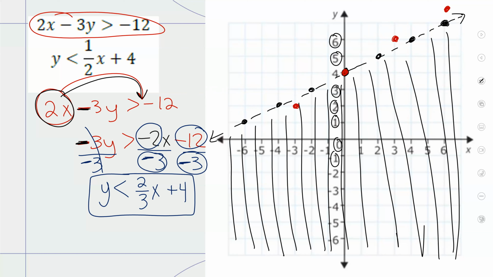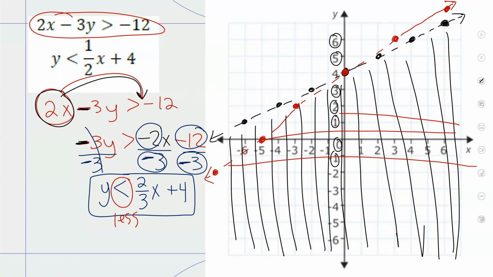Down this way 3. And this will be a dashed line as well. So notice, this is the less than symbol, so that means I need to shade below the line. So I'm going to shade all of this below this line.